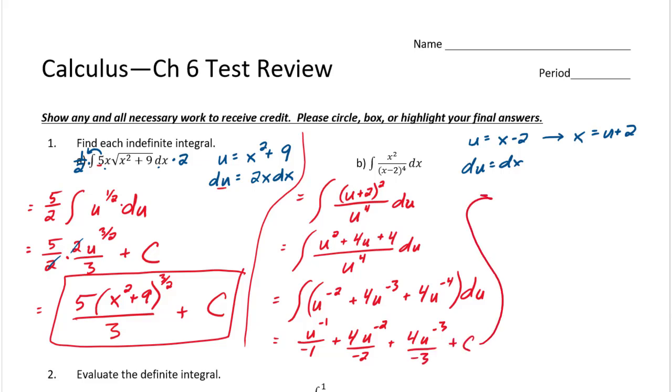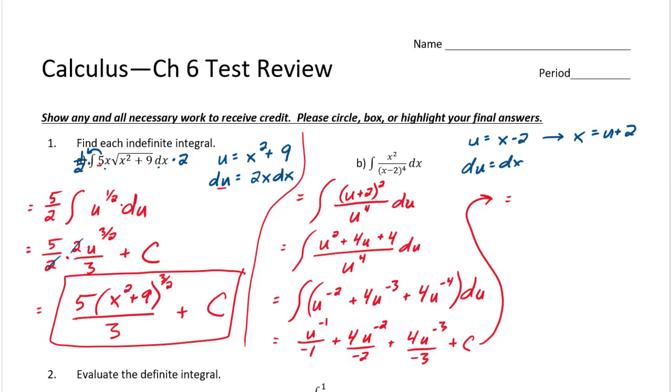So at this point, running out of room vertically, we'll just move that up here to the top right and do a combination of not only dealing with the negative exponents and reducing, like that middle one, the 4 over the negative 2 can reduce, but also we may as well at this juncture replace all of the u's back with what we said u was, which was the x minus 2's.